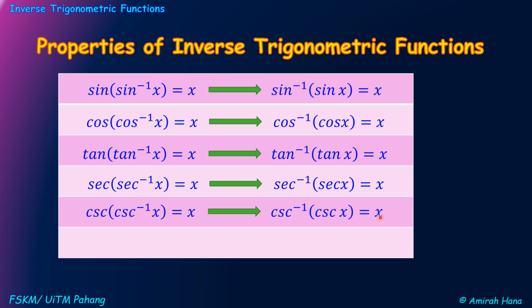And the last one, ordinary cot composite with inverse cot x, we can simplify and write x, and inverse cot composite with ordinary cot x also gives x. Basically, when we have a trig function and the same inverse trigonometric function, such as sine and inverse sine, cos and inverse cos, and so on, we can simplify and get x if the variable is x.